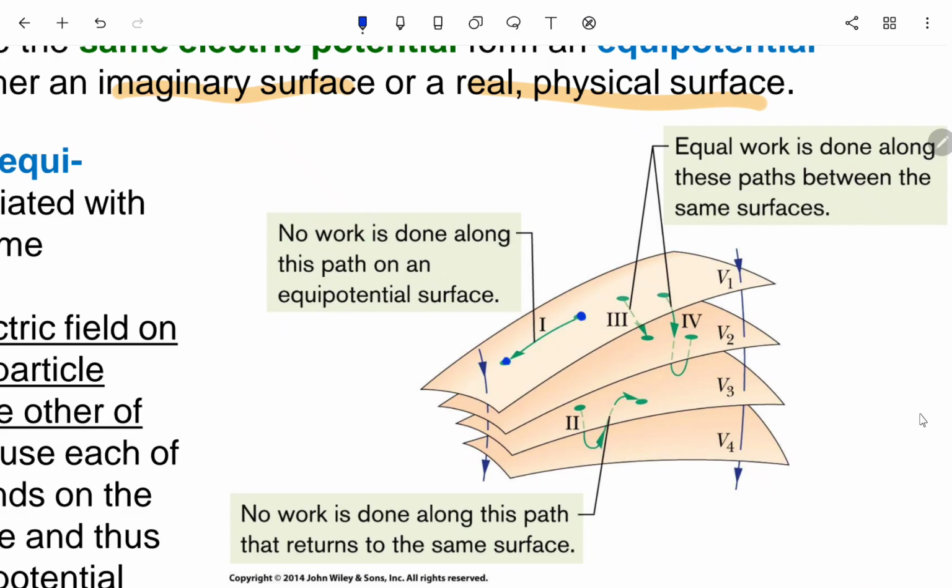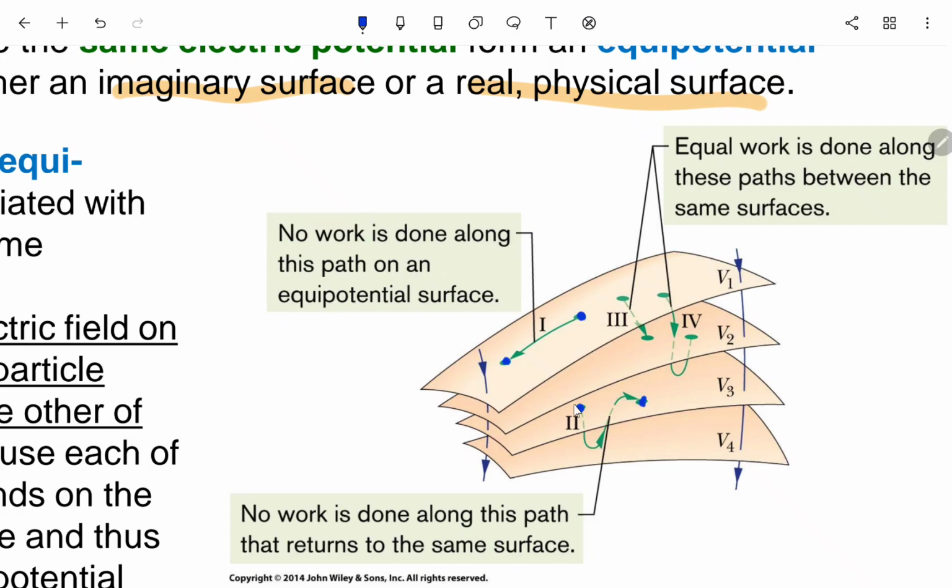Similarly, for path 2, this point is on surface V3. This point is also on surface V3. This part is moving along the V1 surface. However, this path is moving from V3 down to V4 and then going back to V3.